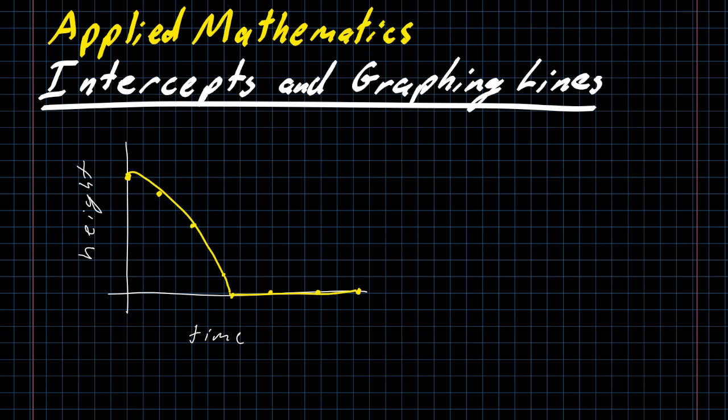All right, so the height of the ball is the y-coordinate of the graph. The time that the ball has been rolling is the x-coordinate of the graph.